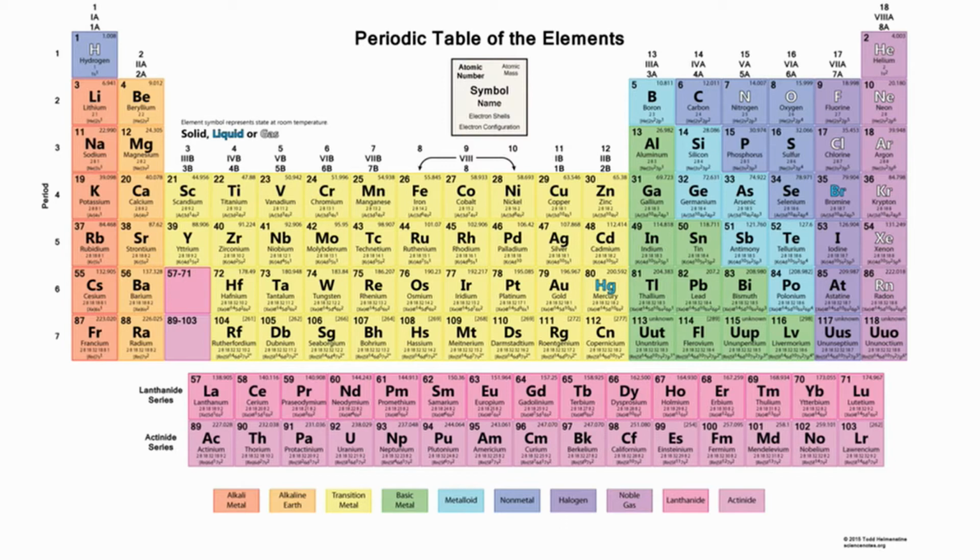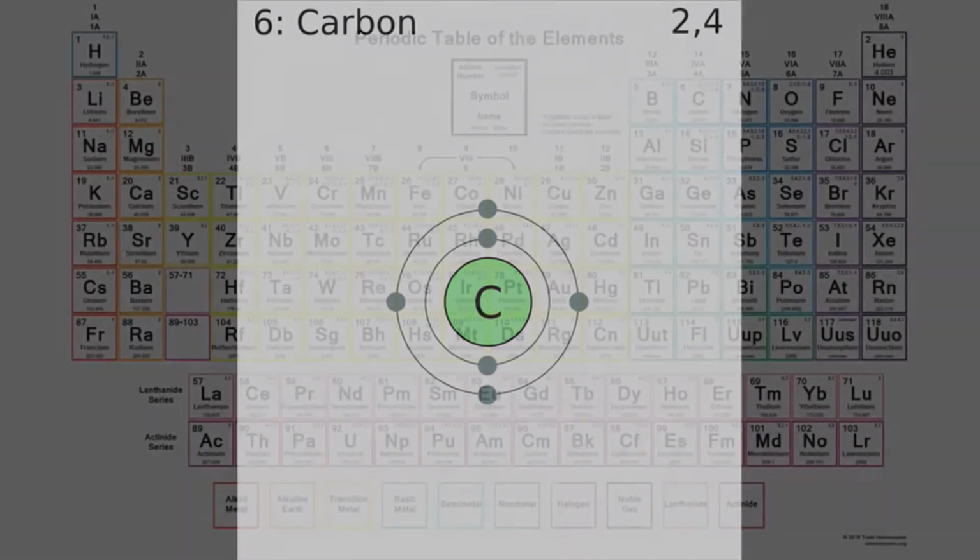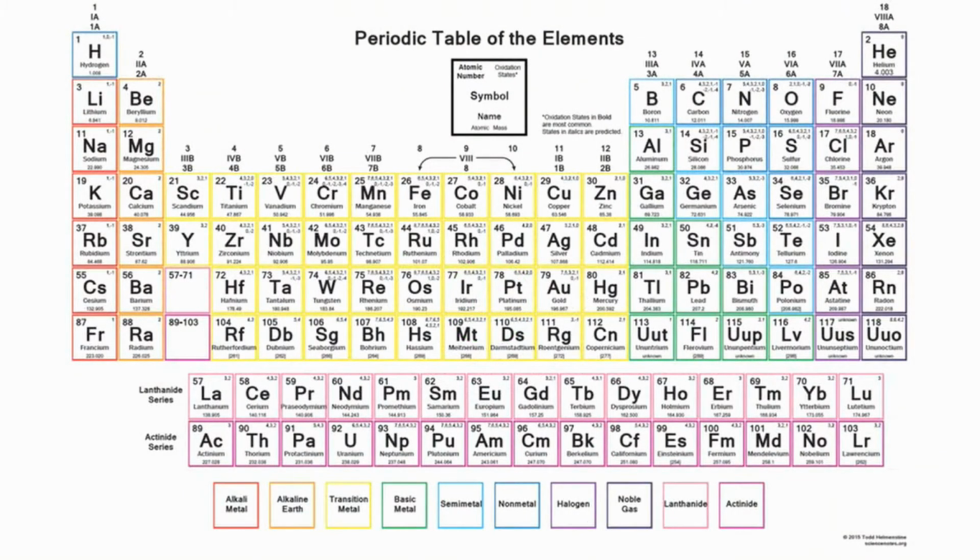So if we look at the electron configuration, it has 2 electrons in the inner shell, and the outer shell is 4 electrons. Well, how does it get to 8? We could either add 4 or gain 4 electrons to get the right number. So it turns out that this periodic table here shows the oxidation states. And there's a lot of choices it can have there, but it could either become a +4 ion or a -4 ion, or some other choices as well.